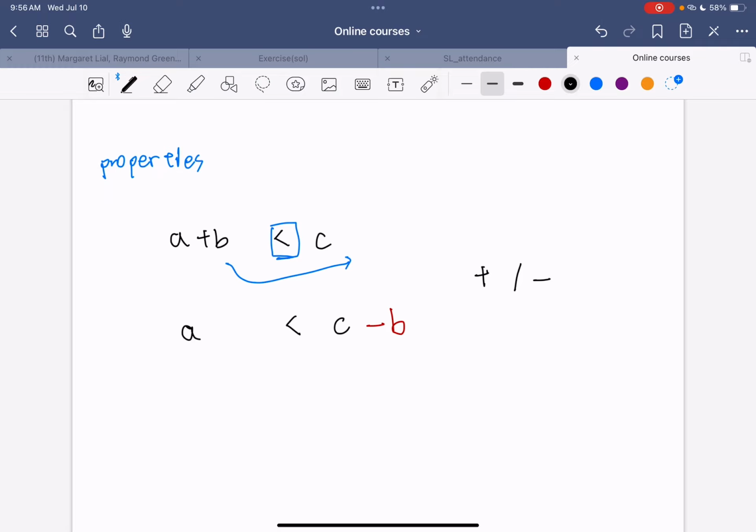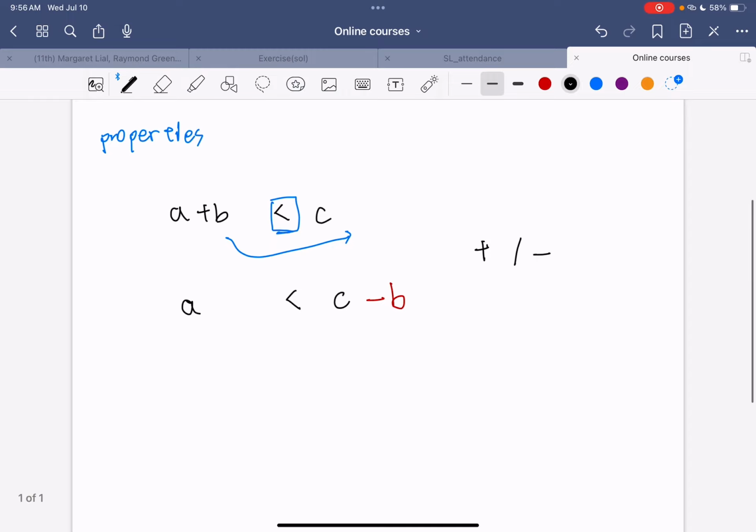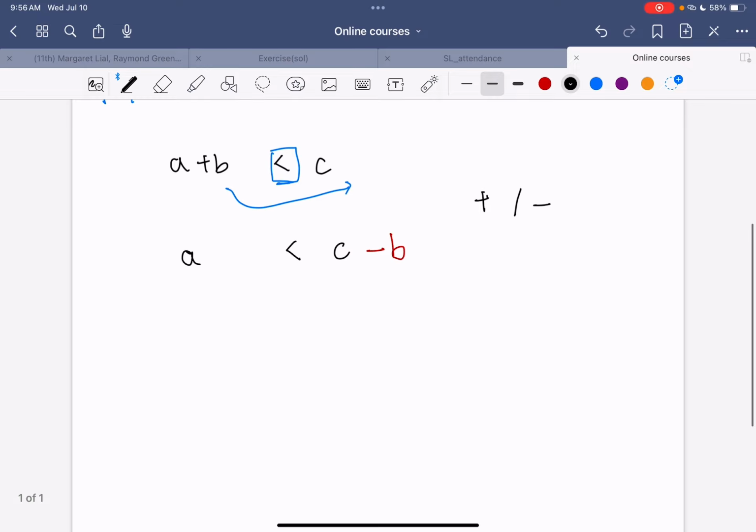But if the calculation we're going to do is division or multiplication, then we have to change the direction of the sign.